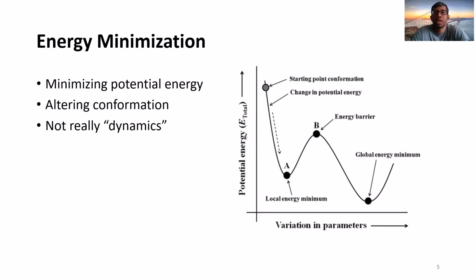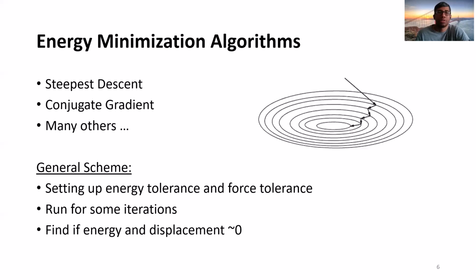So the system will try to find out at which conformation the total potential energy is at a minimum state to begin with. And then from that state, you run the actual simulation.